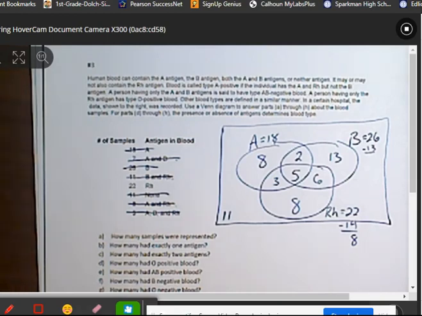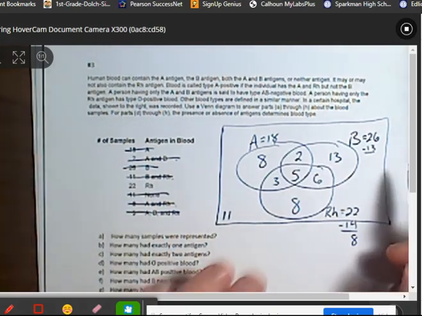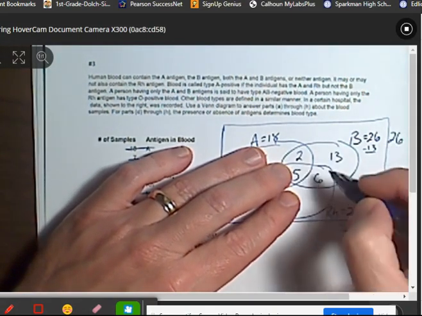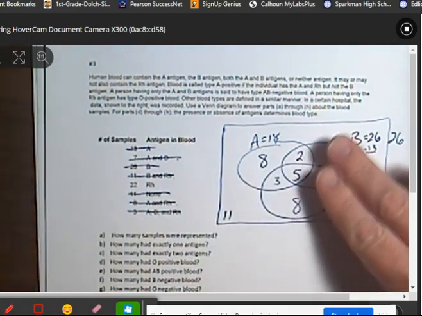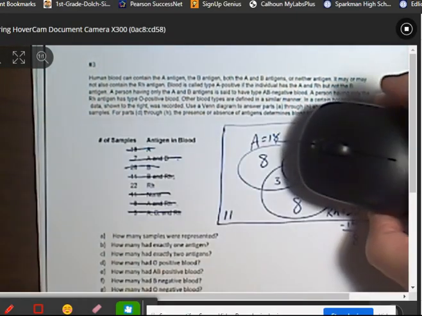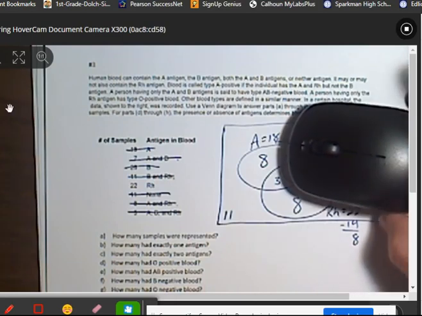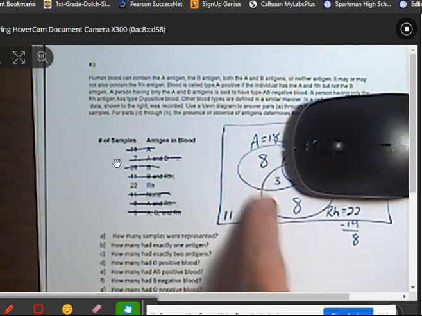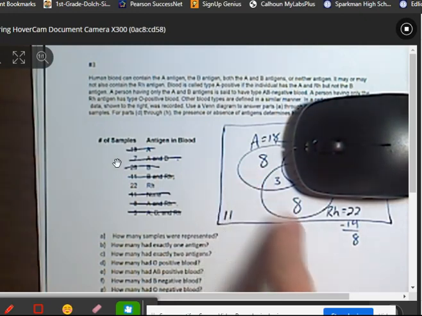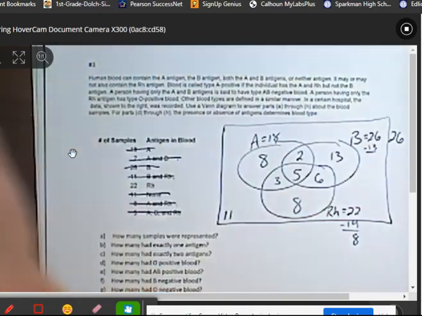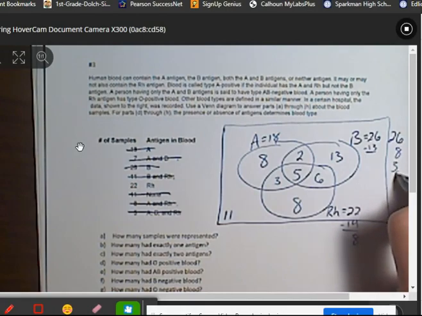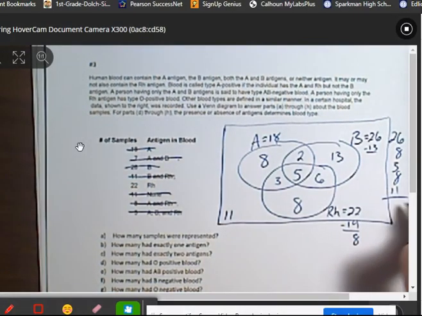So again, I would start with the biggest group, which I think was B. So we know that B, there was 26 total that was here. And then take out that total of 26 and then just add in the rest of it. We had 8, 3, 8, and then the 11 that was outside here. So we had 26 that was in B. Then we've got 8, 3, 8, and then the 11 that was on the outside there.